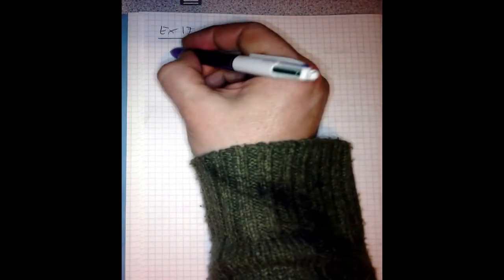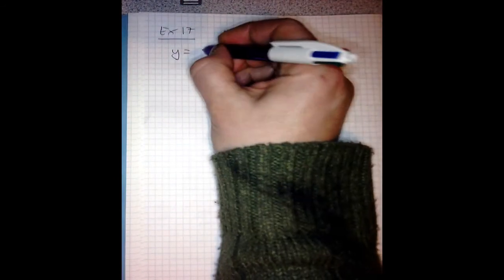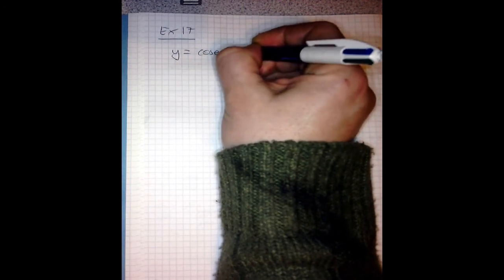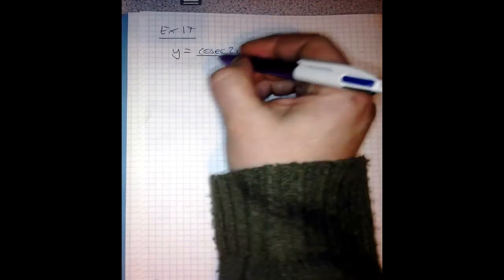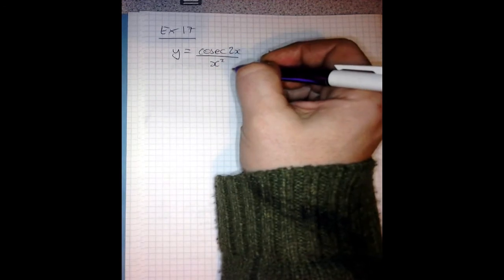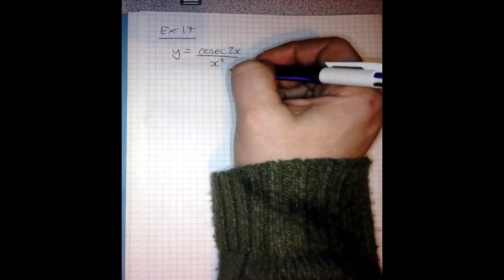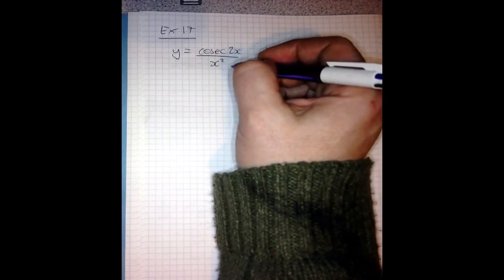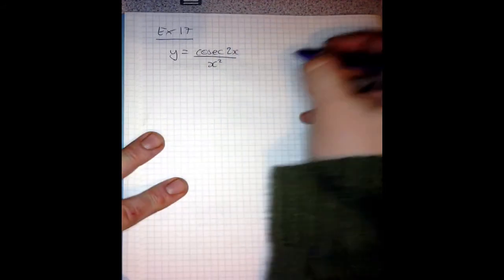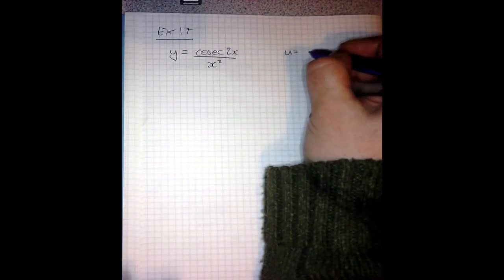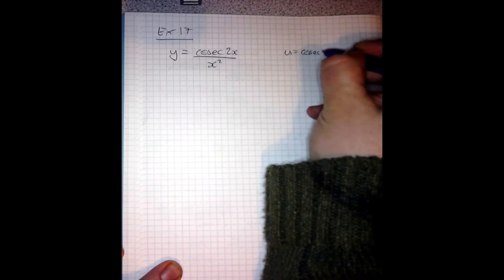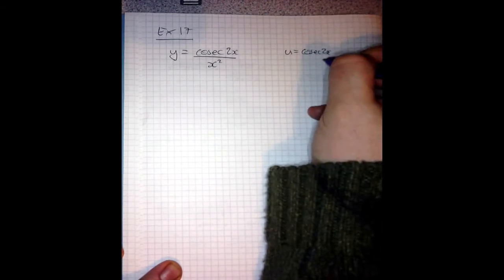Cosec goes to minus cosec cot, so U dash is minus 2 cosec 2x cot 2x. V is x squared, so V dash is 2x.